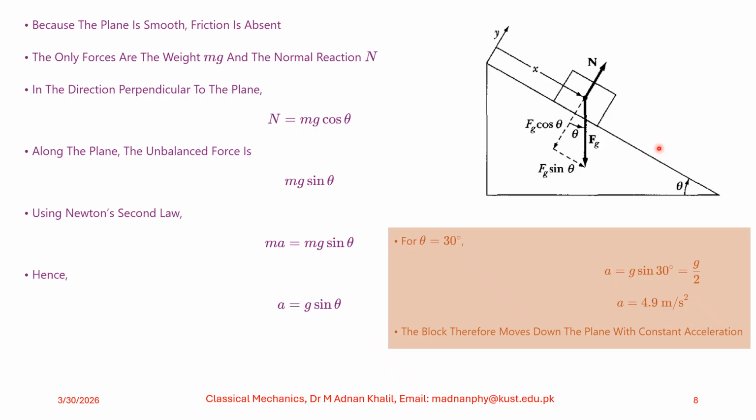So in these two limits, the maximum value is g and the minimum is 0. When theta is not 0 or 90, the acceleration is in between 0 and 9.8.